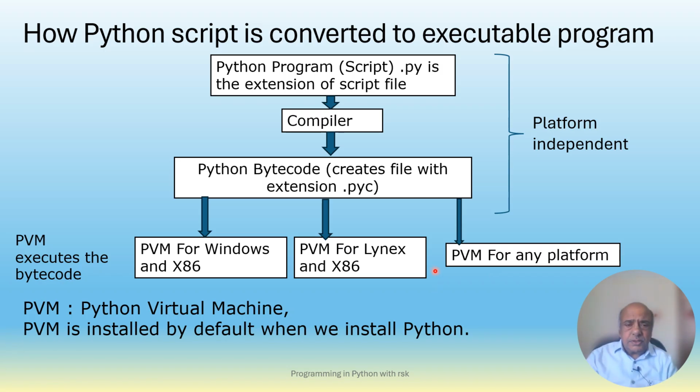This PVM is installed by default when we install Python on our machines. So if we install Python on a Windows machine, the PVM for Windows and x86 variants of the microprocessor gets installed on our machine. Similarly for Linux and for any other platform.